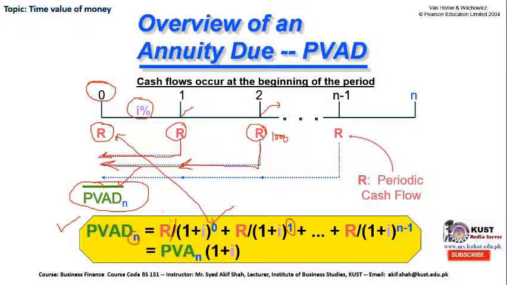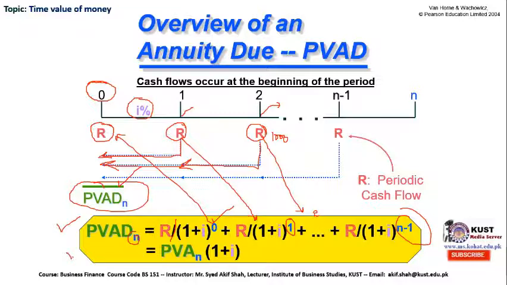So 1000 divided by 1, the resultant value will be the same $1,000. This is our second cash flow, which needs to be discounted with raised to the power 1. And this is our third cash flow, which needs to be discounted with raised to the power 2, so on and so forth up to n minus 1.